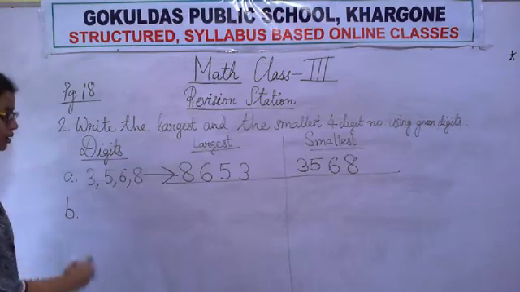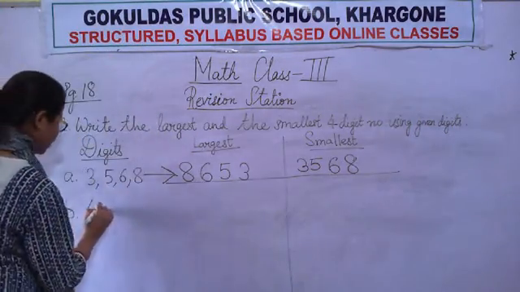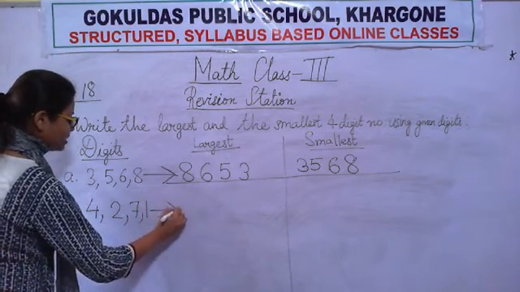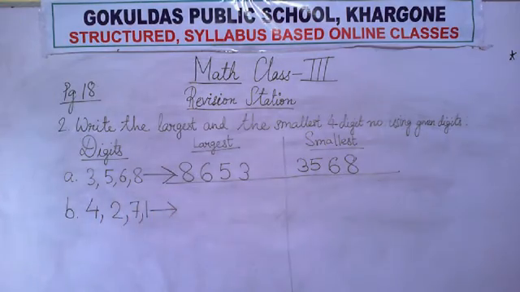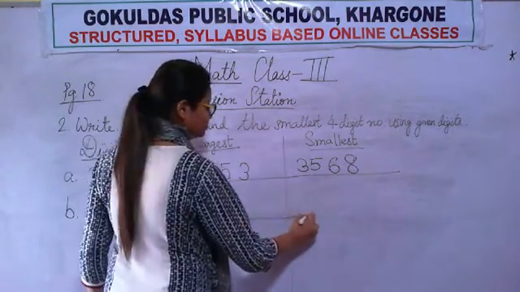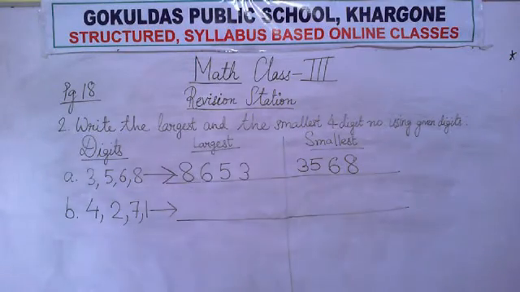Now moving to question number B. 4271. What are the digits? 4271. These are the digits. Okay.